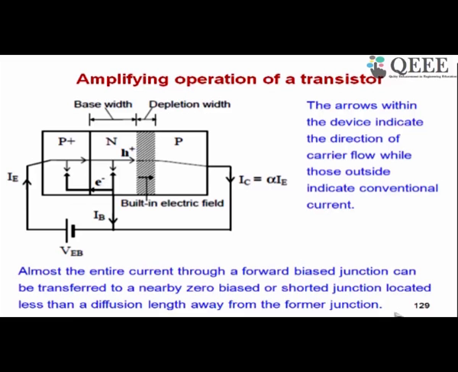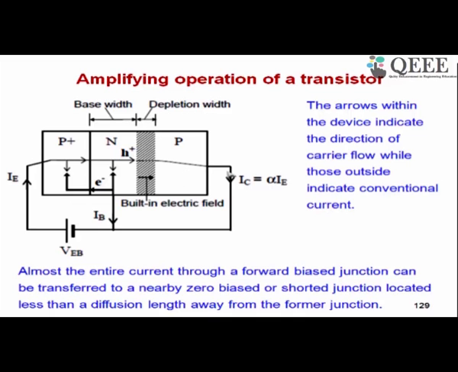Your hair is about 40 micrometers in diameter, so 1 micrometer is 1 by 40 of the thickness of the hair. That is the base width. It is really very small. When you have such a base width, then your alpha will be close to 1 and almost the entire emitter current will be transferred to the collector.